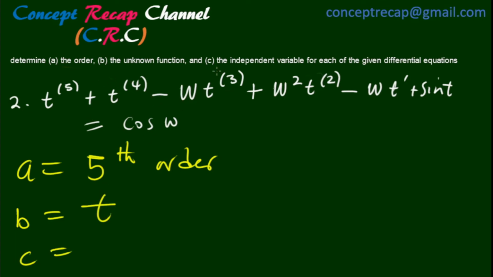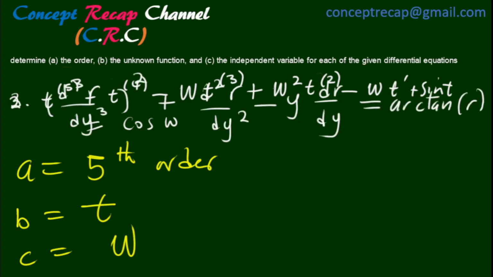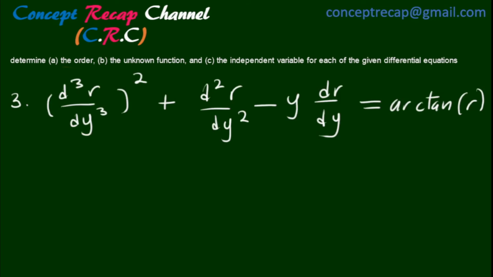The independent variable here is w. So let's quickly go to another question. It's just the same as this. In this one, it's a different representation.